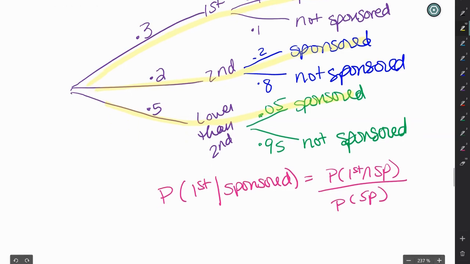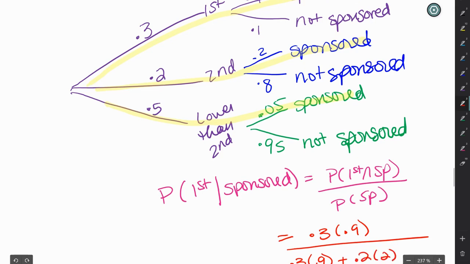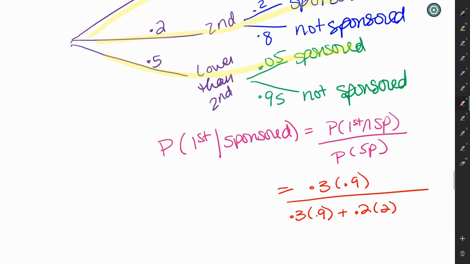So when we put this together, first and sponsored is 0.3 times 0.9. The denominator gets that 0.3 times 0.9 plus 0.2 times 0.2 for our second option plus 0.5 times 0.05 for our third option.